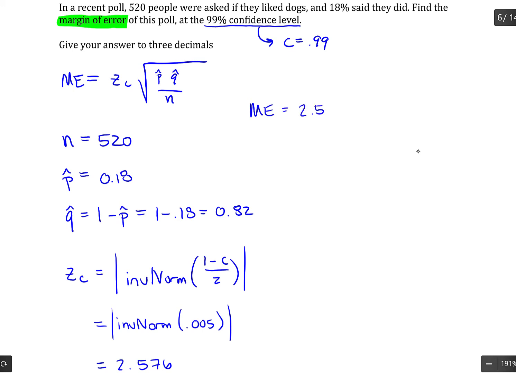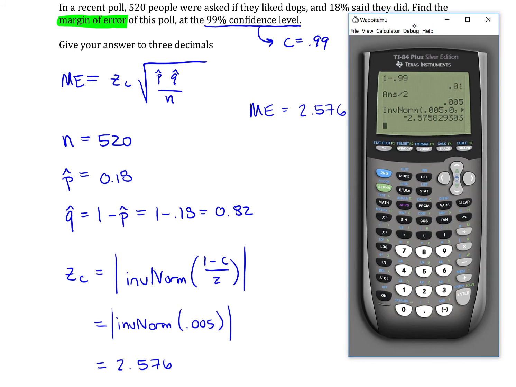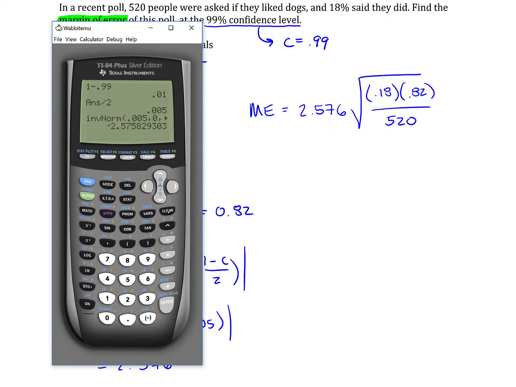I'm going to take 2.576 times the square root of, so p hat is 0.18, q hat is 0.82, and n is the value 520. So I can put this all into my calculator and get the answer here.